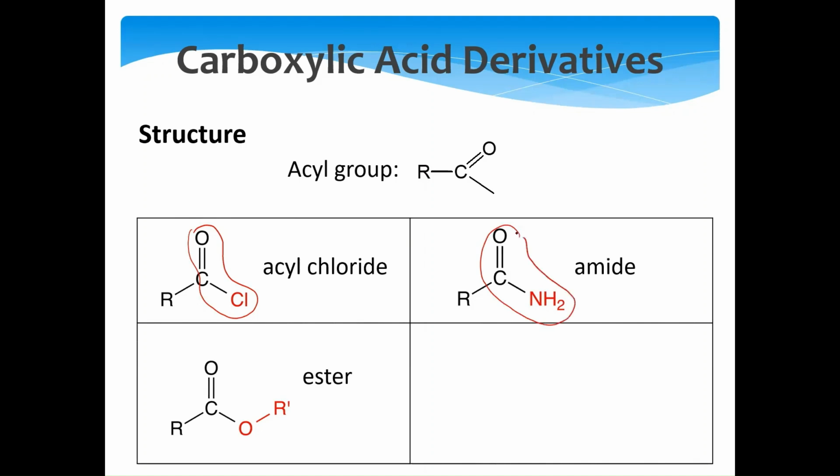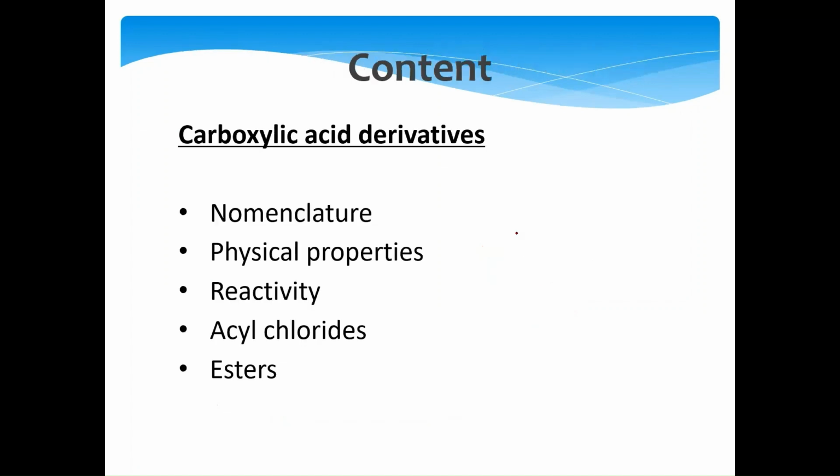Not to worry, we'll cover amides in greater detail in our next chapter on organic nitrogen compounds. And we also have an acid anhydride over here, where you have C double bond O bonded to another C double bond O. Acid anhydrides are not in the syllabus. For carboxylic acid derivatives, these will be the main few points that we're going to cover.